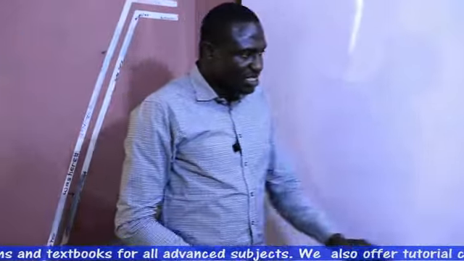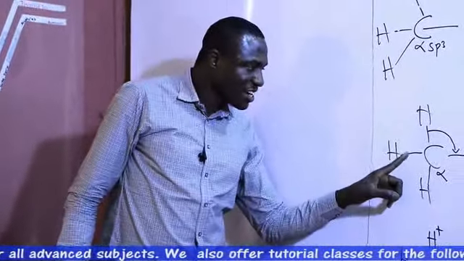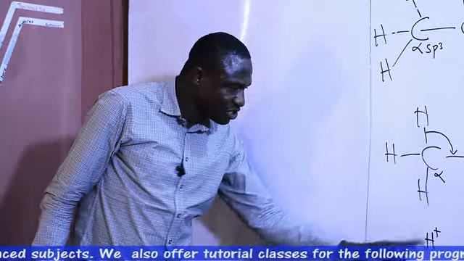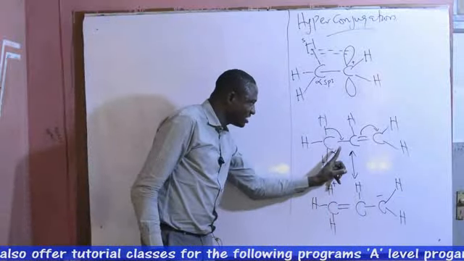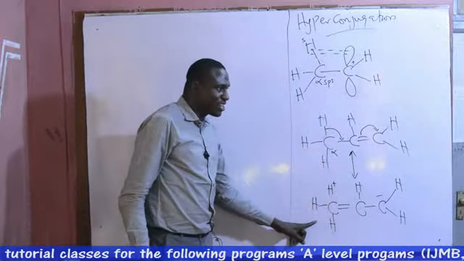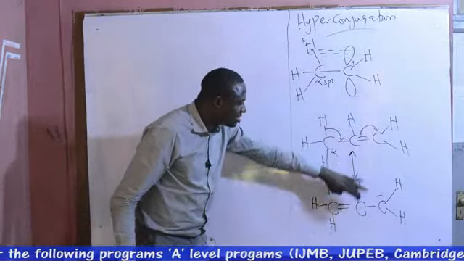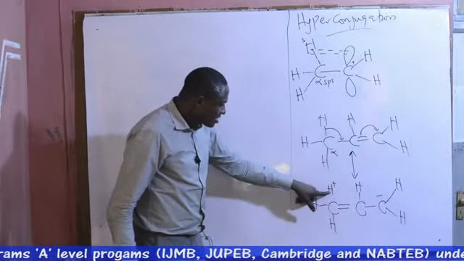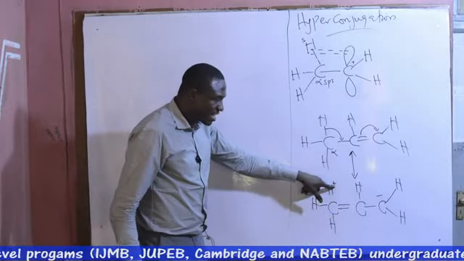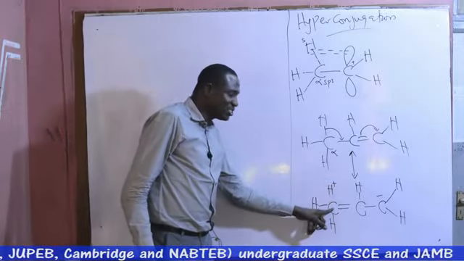Now, there can be three of this kind of structure from here, because when this hydrogen is involved, this hydrogen will be like this in this form. If it is this hydrogen that is involved in the hyperconjugation, then you are going to have another structure. Meaning, from propene, there are three hyperconjugative structures that you have. Then, if you look at this structure, this hydrogen ion that is positively charged looks as if it is free and not bonded to this carbon atom.